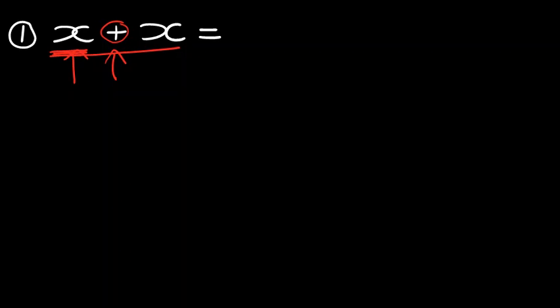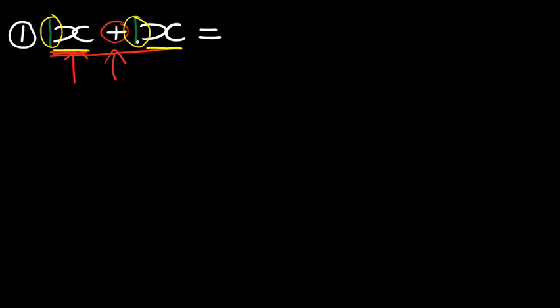The other thing to notice is that when you have a variable and you don't see a number, the number in front of the variable is 1. That's very important. Now, when we add these two variables, x plus x, what we are going to do, in fact, is to add the constants.